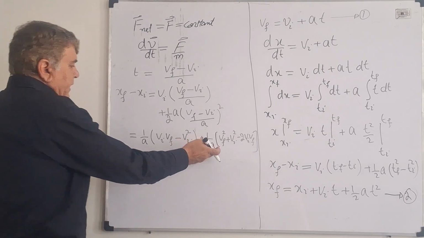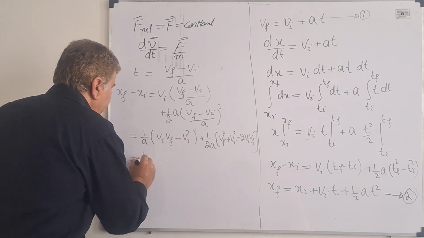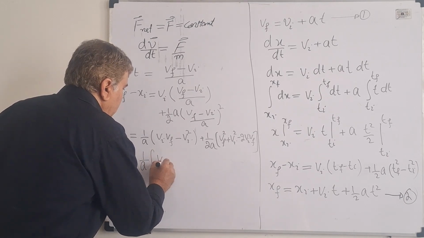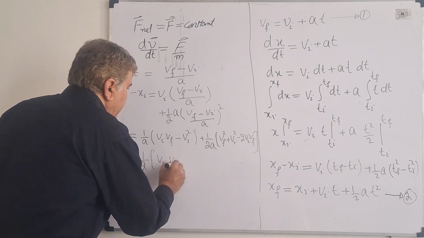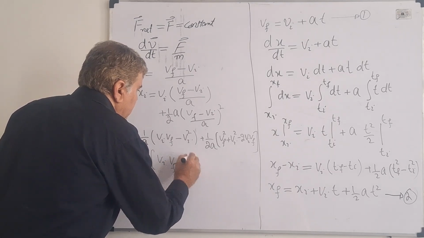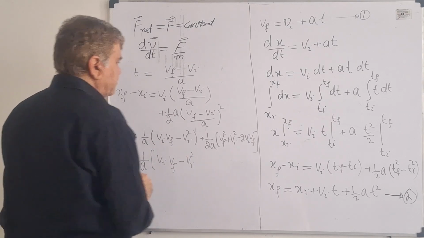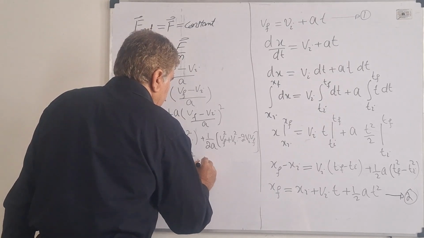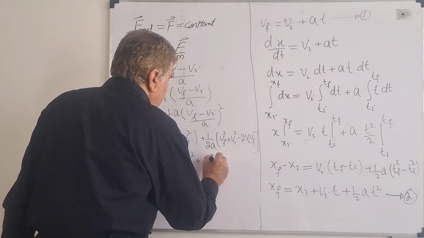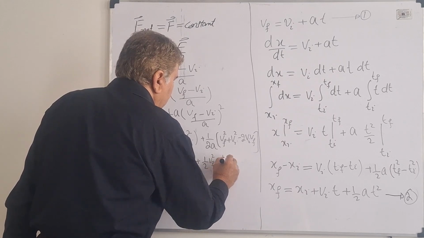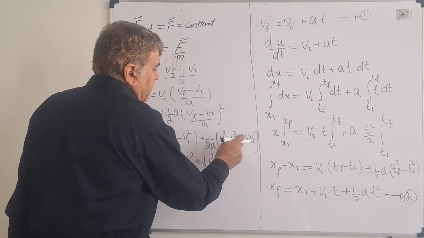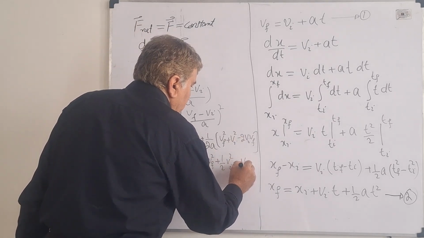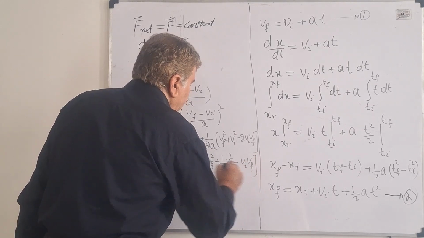Now, again, I can take 1 over A common from all of them. So I'm left with Vi into Vf minus Vi squared plus half Vf squared plus half Vi squared, and this half multiplied with this 2 would make it 1, so I write minus Vi Vf.